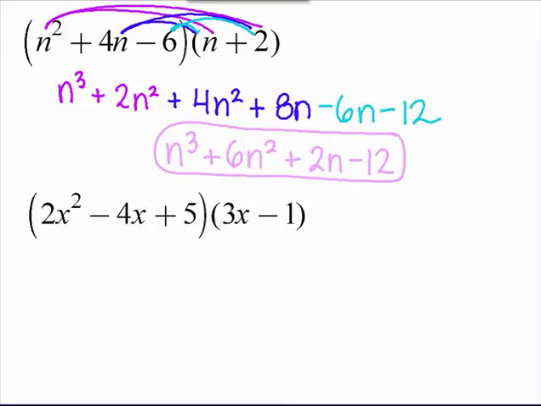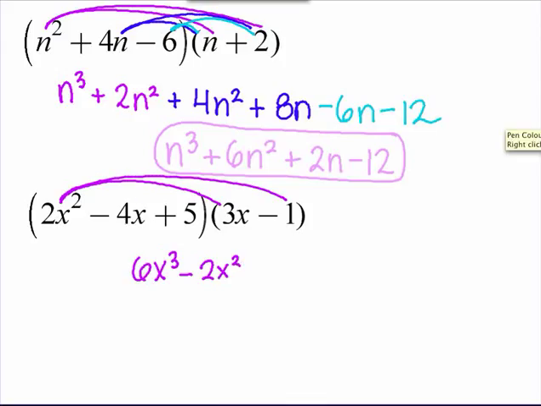So real quick, this is our last problem we're going to go through. 2x squared minus 4x plus 5 times 3x minus 1. So I'm going to start by distributing my 2x squared to each term. So here and here. And what does that give me? 6x cubed minus 2x squared. What should my middle term be?